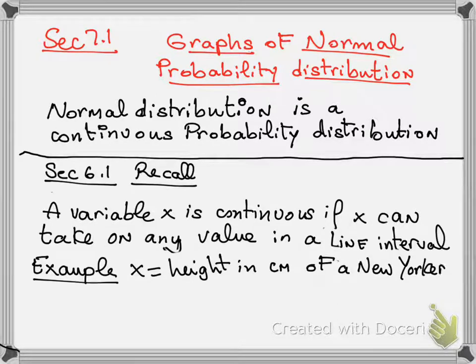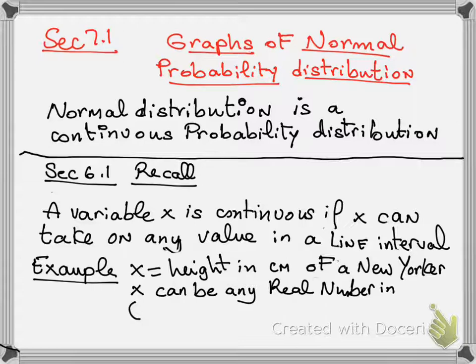Now, x can be any real number in the interval. Let's say the height of the shortest New Yorker is, I don't know, 20 centimeters, and the height of the tallest New Yorker is 280.